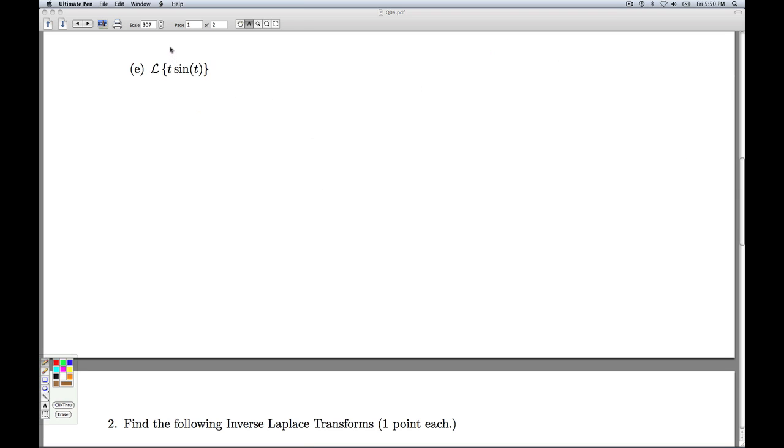Okay, for part E, we're looking at the Laplace transform of t times the sine of t. We're going to use the derivative formula on a transform. If you take the Laplace transform of a power of t times some f of t, the result is negative 1 to the n times the nth derivative with respect to s of the Laplace transform of f of t.